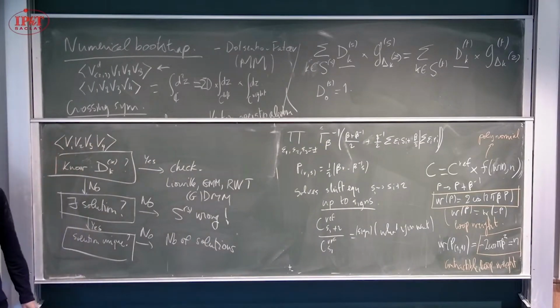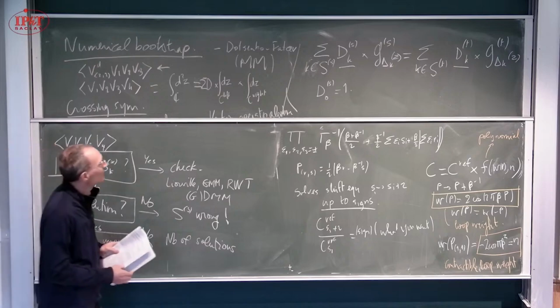It has been done a lot for connectivities in the Potts model. In fact, there are particular observables, cluster connectivities, and a few years ago we were busy comparing numerical bootstrap results with Monte Carlo or other results for connectivities.